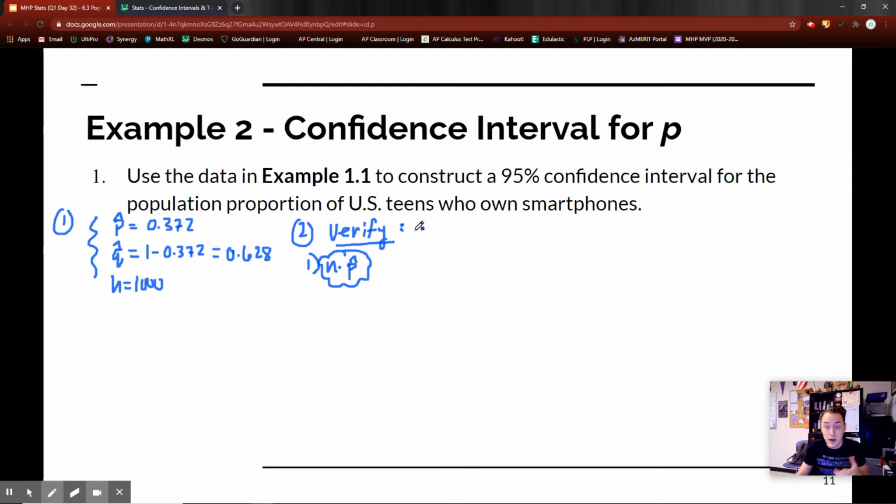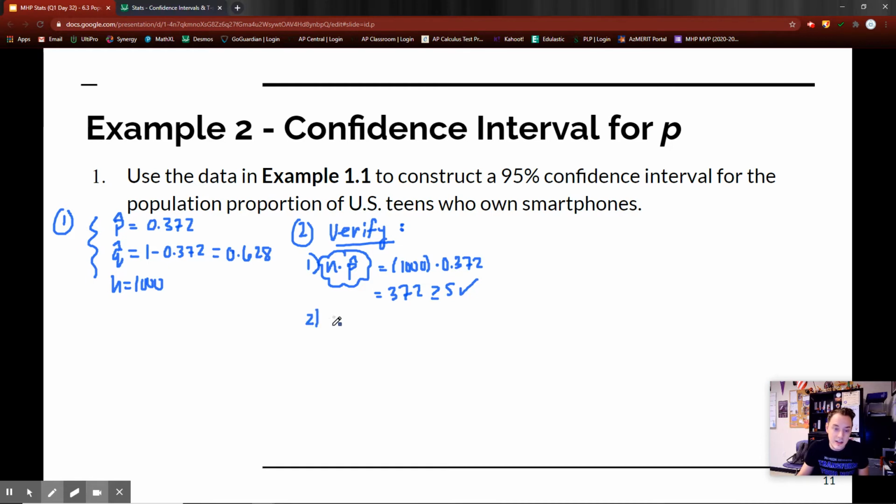In fact, you'll probably never ever do this. But I do need to show it to you because it's the math, right? So I take 1,000 because that's my n times my p hat, which is 0.372. And this is actually going to be 372. This is definitely greater than or equal to 5, so it checks out.